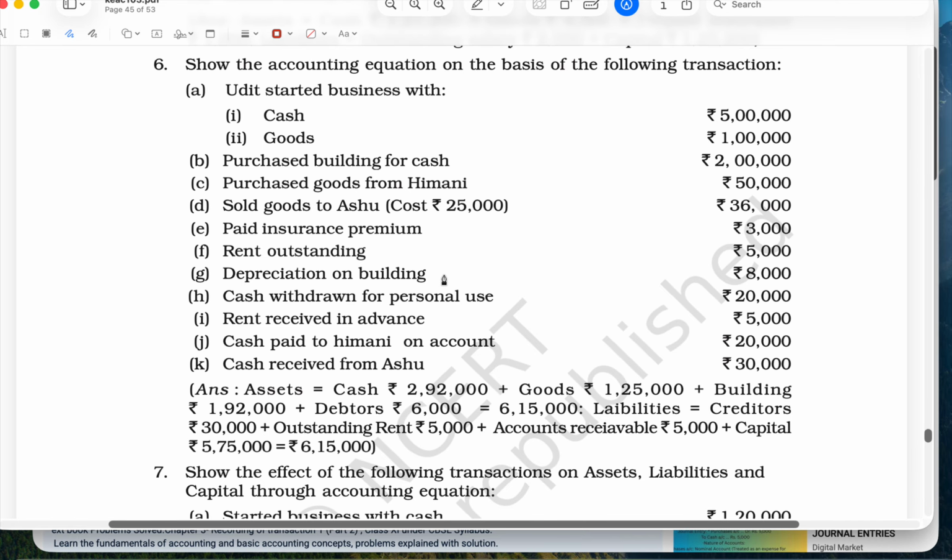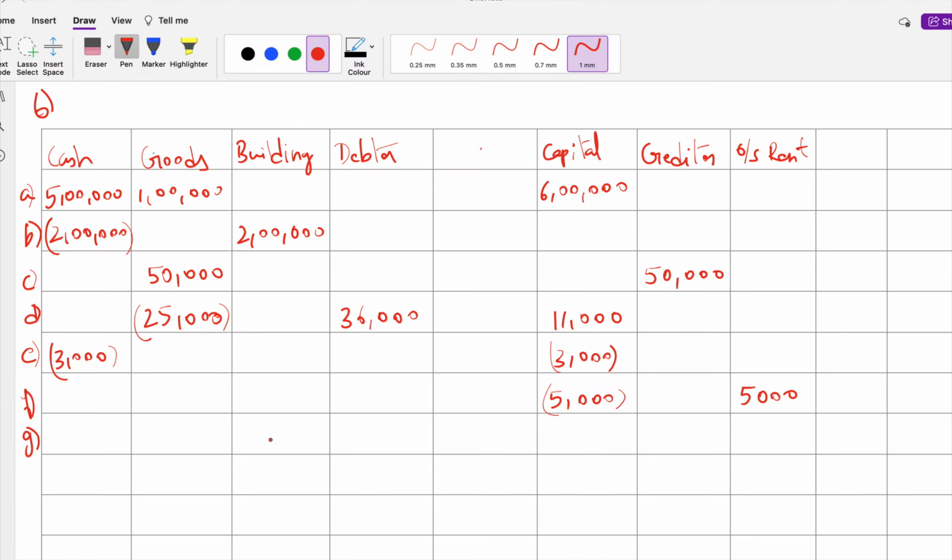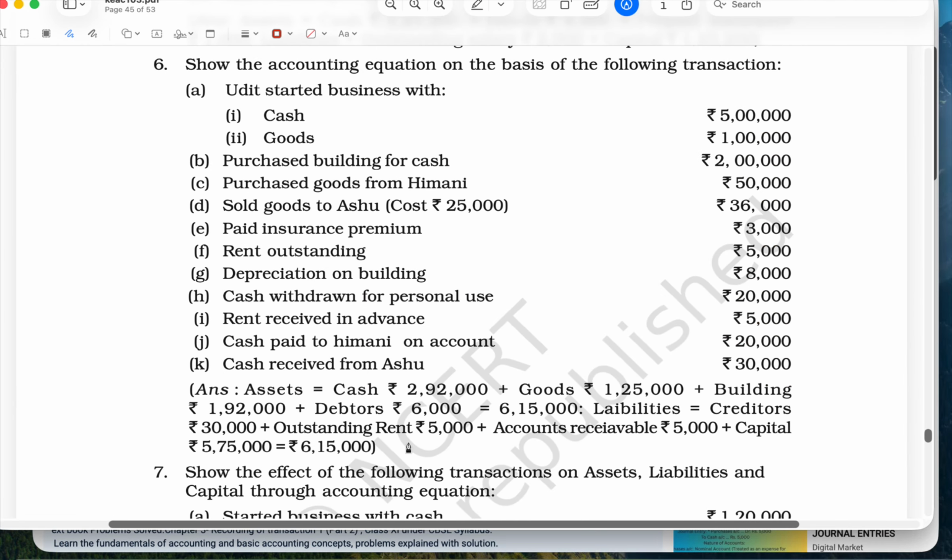Then depreciation on building 8,000. So the depreciation means the value of the building will reduce by 8,000. So we will reduce the value of building by 8,000. And since it is also a loss, that will be deducted from the capital.